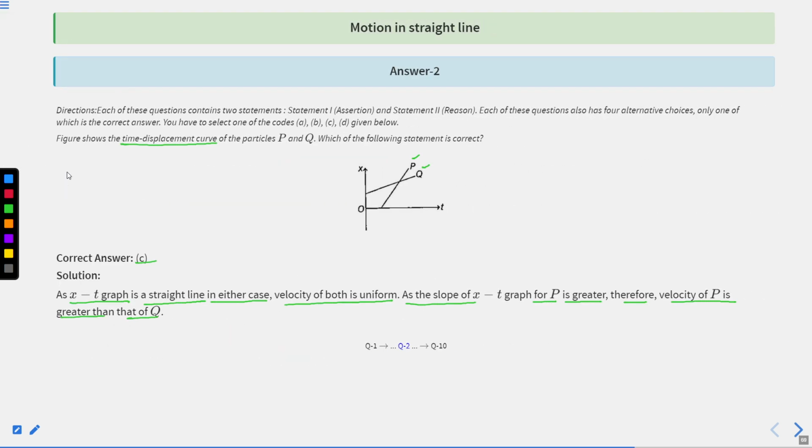Why more than Q? Because the velocity, or slope, of P is greater than Q. Clear? Next question.